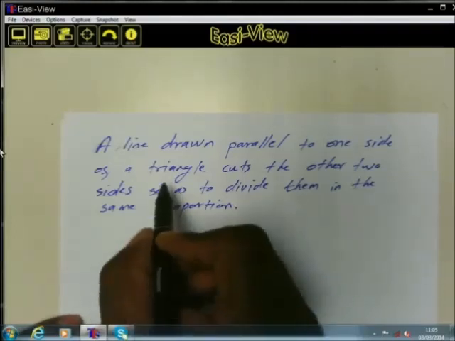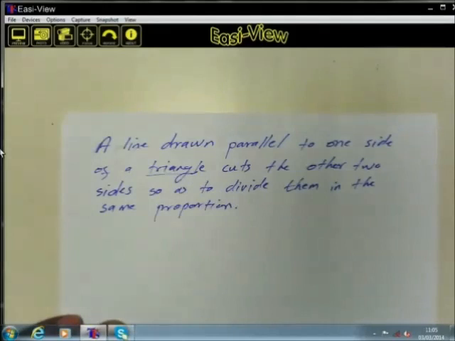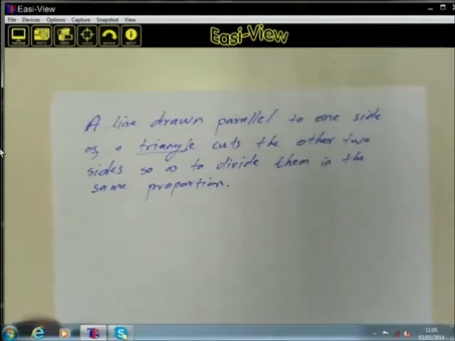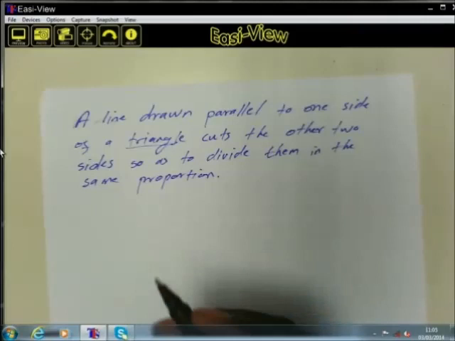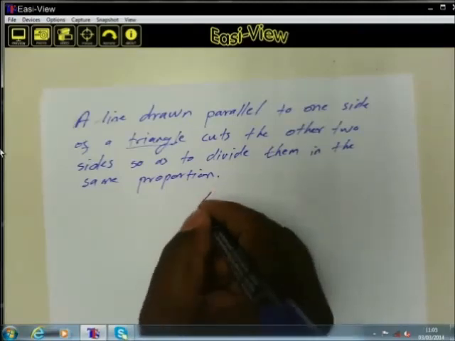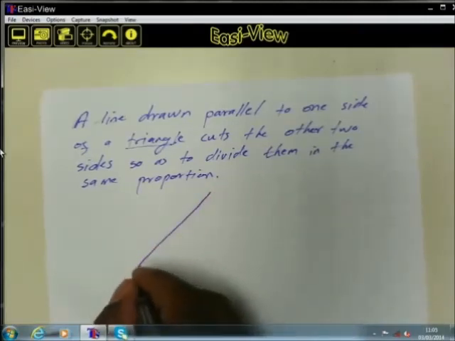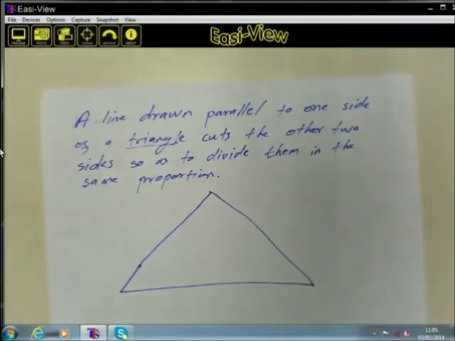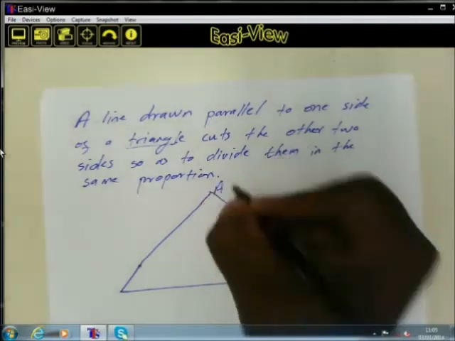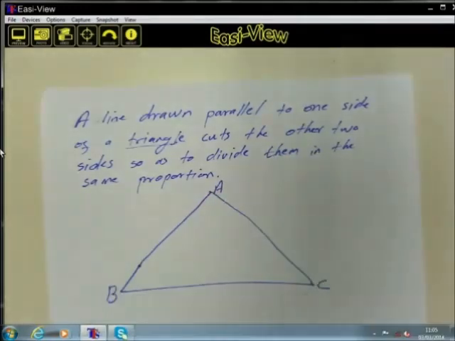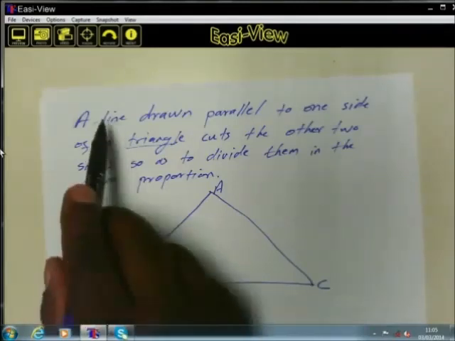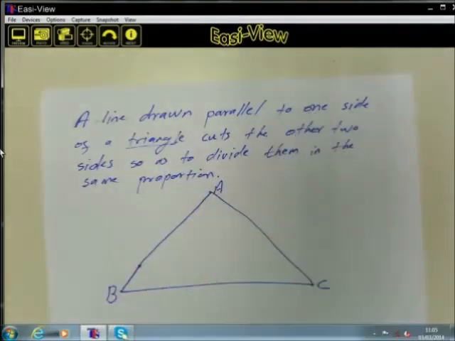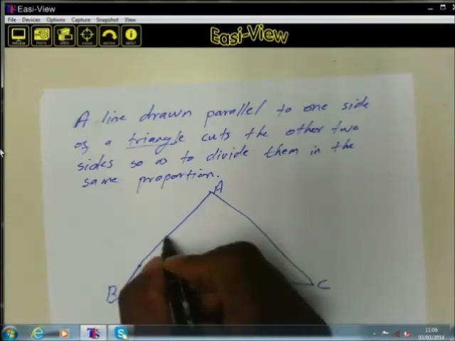A line drawn parallel to one side of a triangle. As you can see here, we're talking of a triangle. So let's draw that triangle. Let's say we are given triangle ABC. In other words, there must be a line, and that line must be drawn parallel to one side of the triangle.